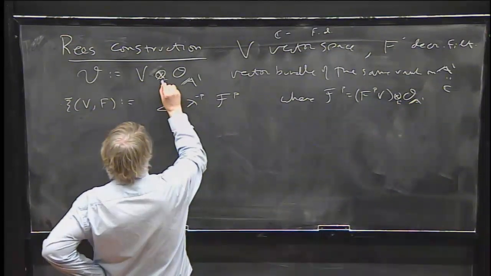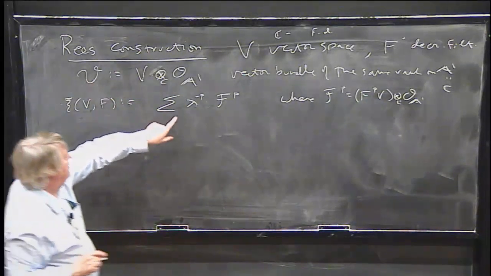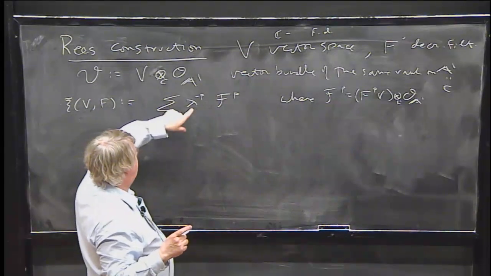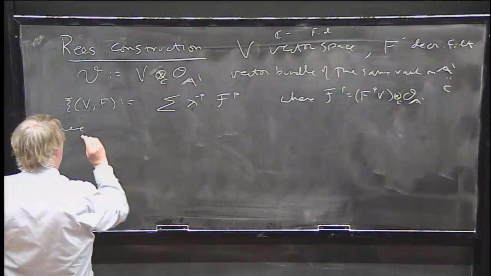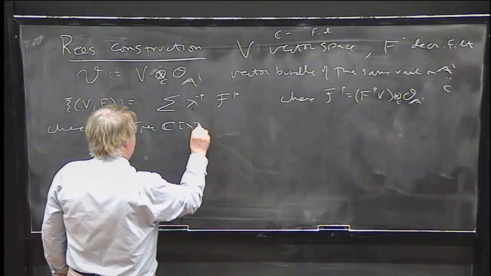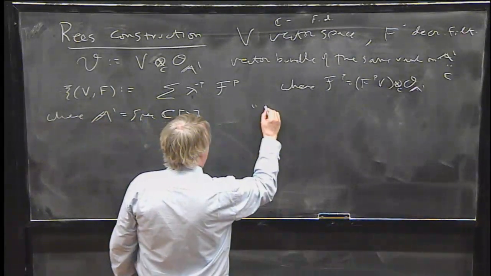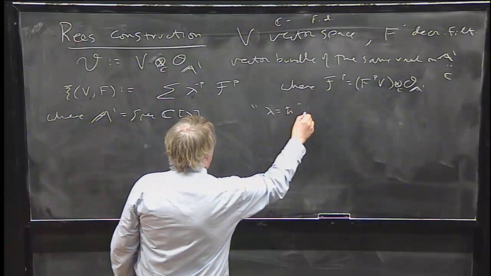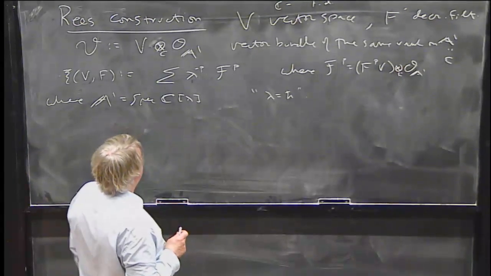So if we have a filtered vector space, then we get a filtered bundle. And we can just take the sum of the lambda to the minus p, F_p, where lambda is the coordinate on our line. So A1 is Spec of C[lambda]. There's kind of a slogan here, which is lambda equals h bar, so to speak. I'm not sure to what extent that's 100% true, but maybe people could comment. But in some way, lambda is sort of h bar for the physics-oriented people.